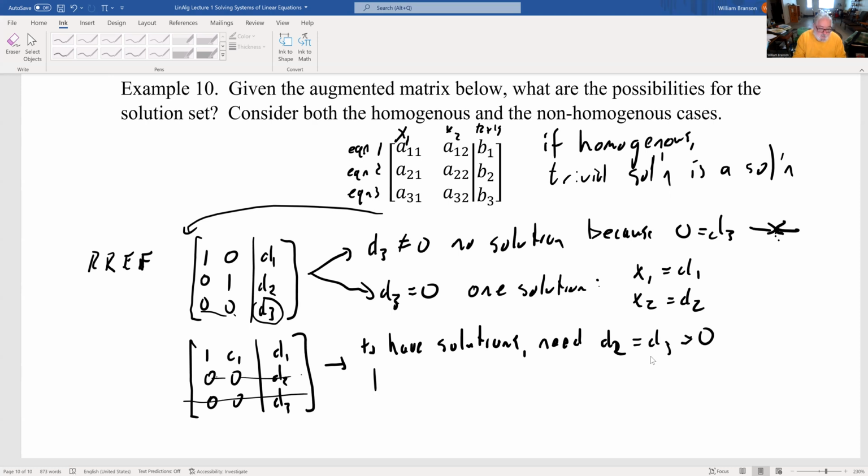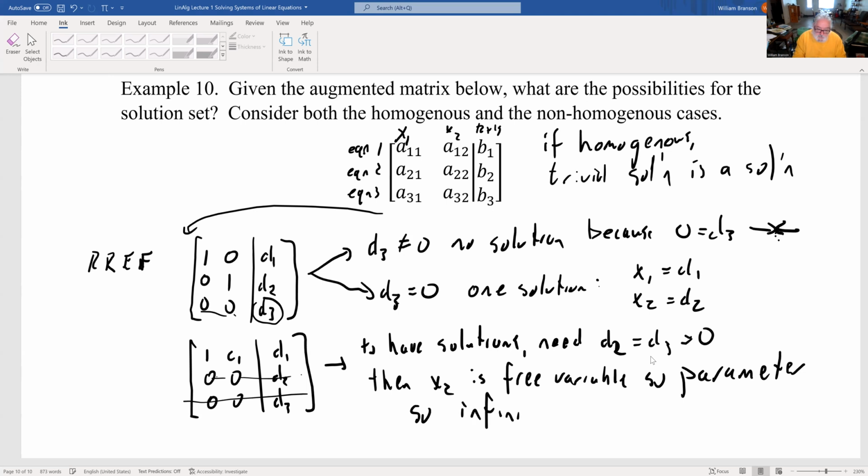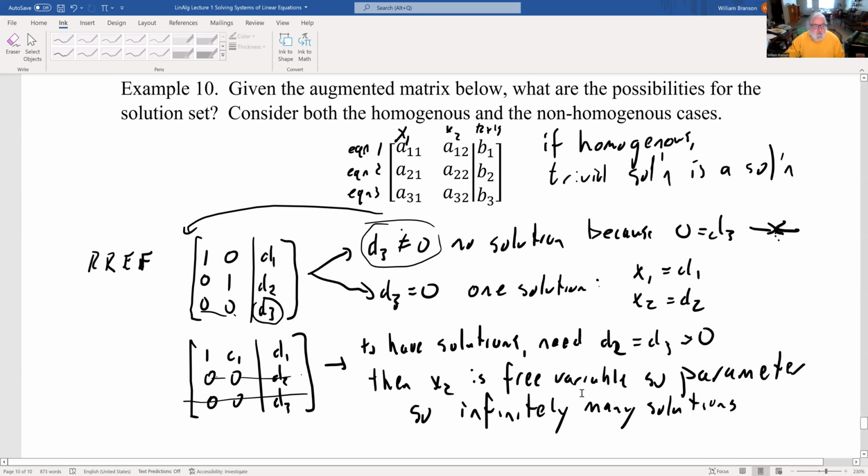And then you have a parameter. Right? Usually when you have more equations than unknowns, you end up in this situation with D3 not equal to 0 and there's no solution. That's usually what happens. The numbers have to be chosen very carefully so that you actually get a solution.